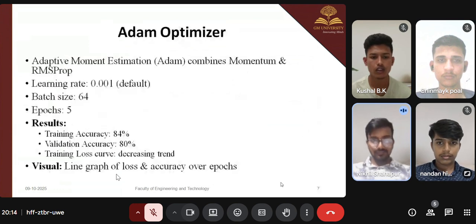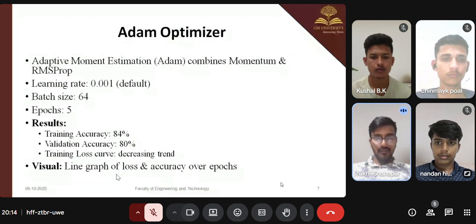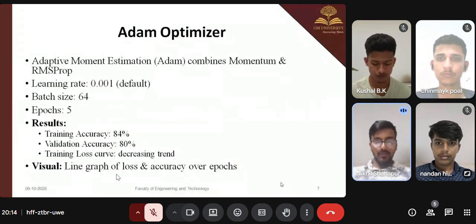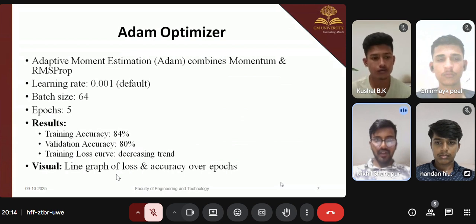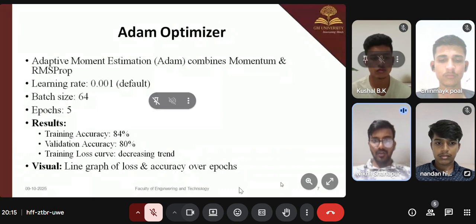The next slide is about the Adam optimizer. Adaptive Moment Estimation, Adam, combines momentum and RMSProp. Learning rate 0.001, which is the default, batch size 64, and 5 epochs. Result: training accuracy 84%, validation accuracy 80%, training loss curve showing a decreasing trend, visualized as a line graph of loss and accuracy over epochs.